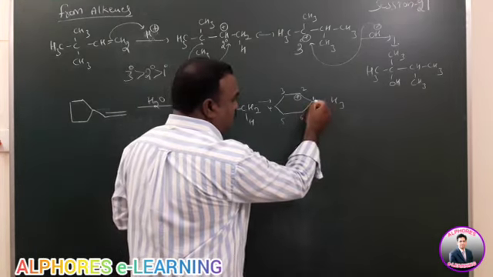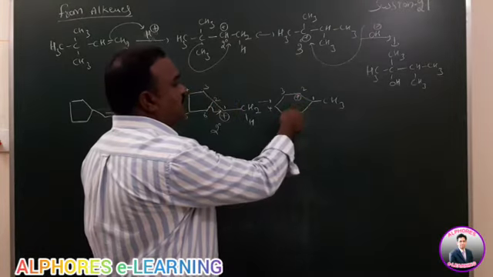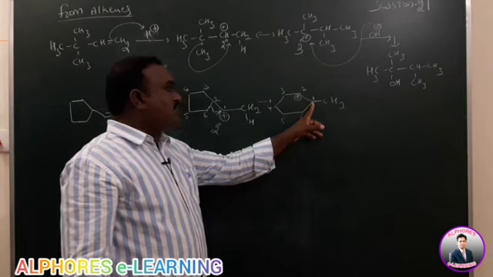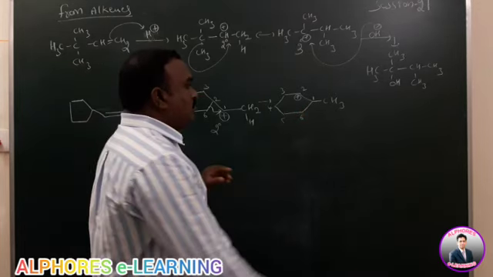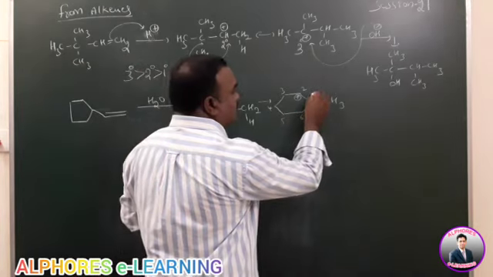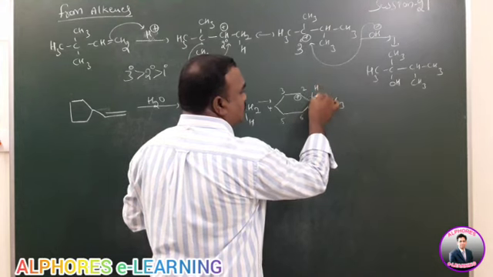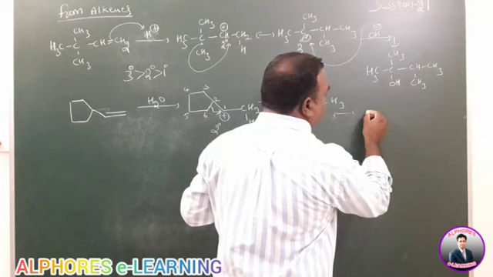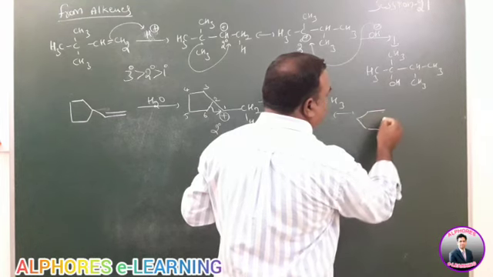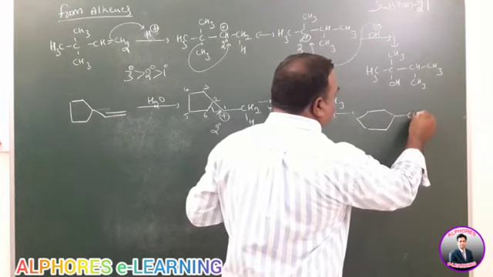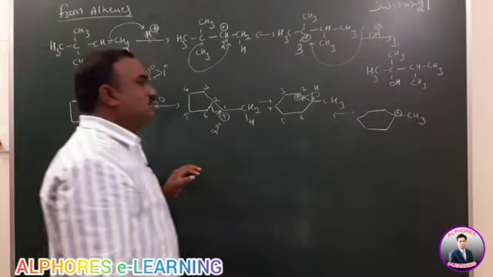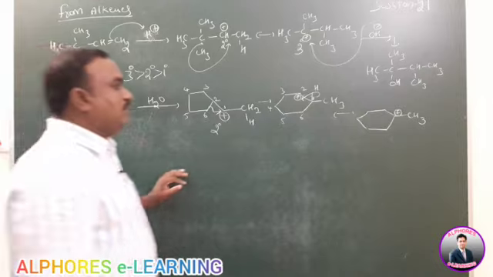Here 1, 2, 3, the total number of carbon-carbon bonds is 3, so a tertiary carbon is given. So we have to write the rearrangement by using the hydride shift. Then the less stable carbocation converts into the more stable carbocation, the secondary carbocation converts into the tertiary carbocation.